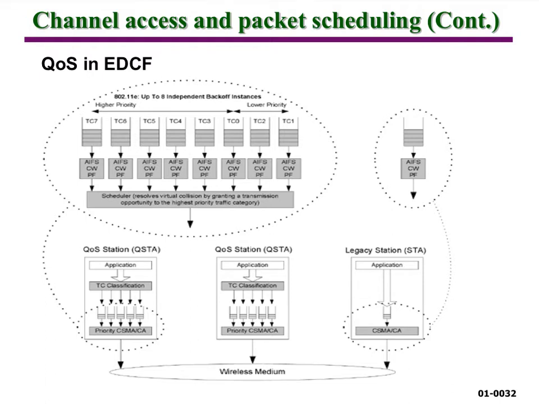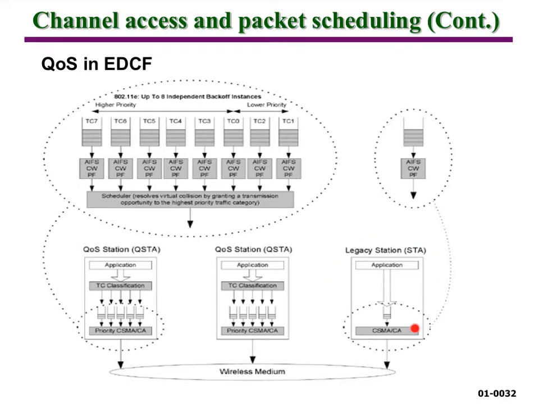Still collision based. It's still a collision-based channel access mechanism. But using this AIFS, contention window, and persistence factor provides some kind of a logical priority-based queuing. This is the interstation packet scheduling. Okay? Clear? Okay.